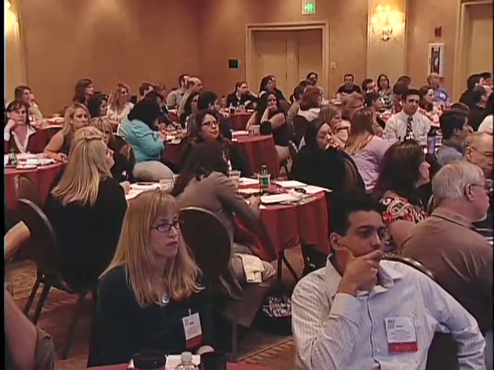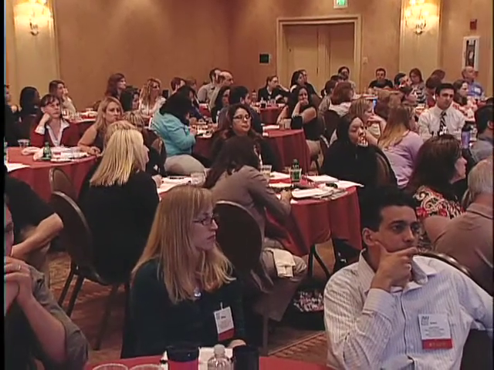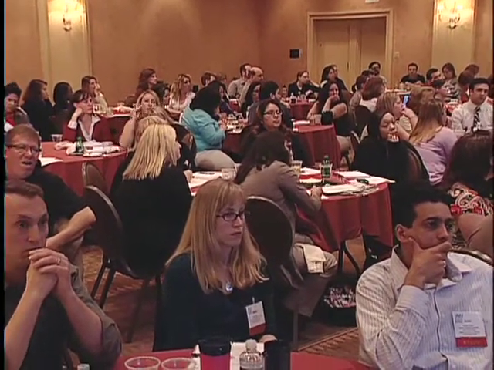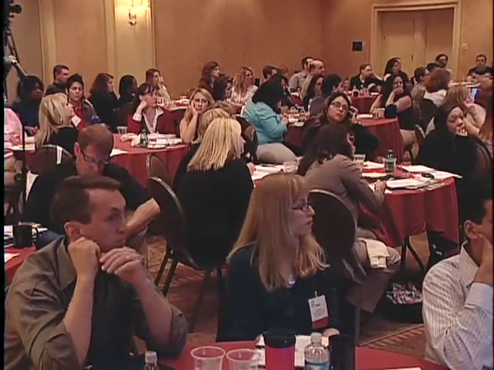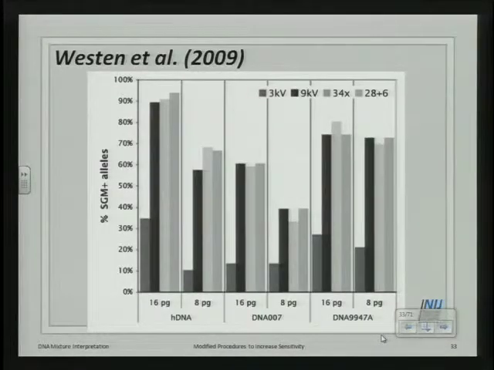So this is another example. They looked at 4 different techniques here. This is 3 kilovolts, their standard, 9 kilovolts, the extra. This is amplifying at 34 cycles, and this is amplifying at 28 cycles. And then this is from a paper that Ate Kloosterman published a long time ago.